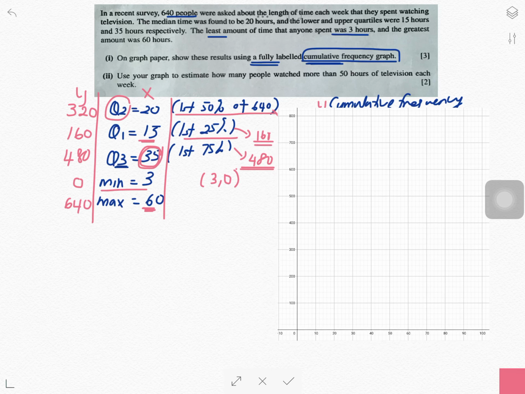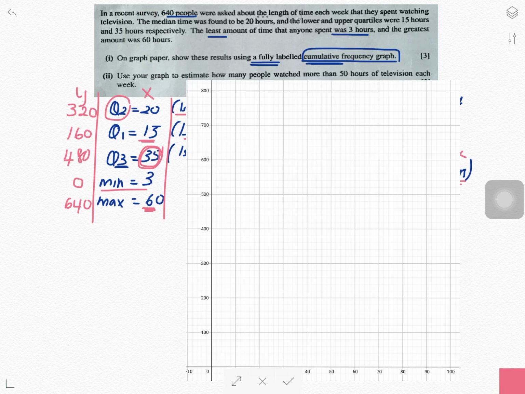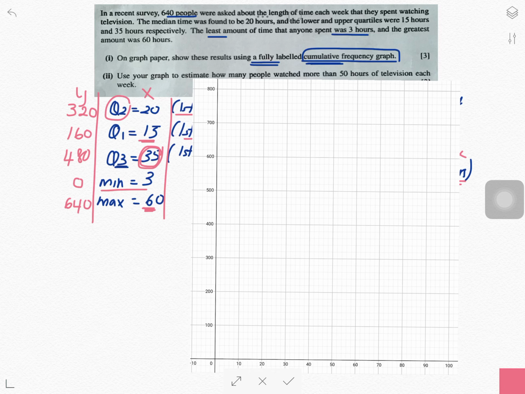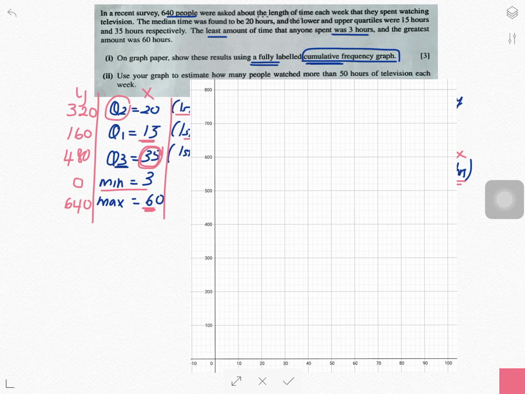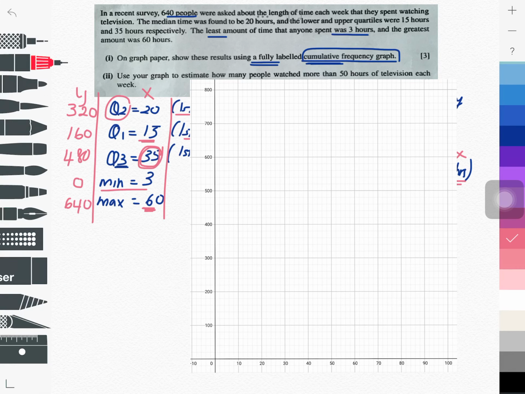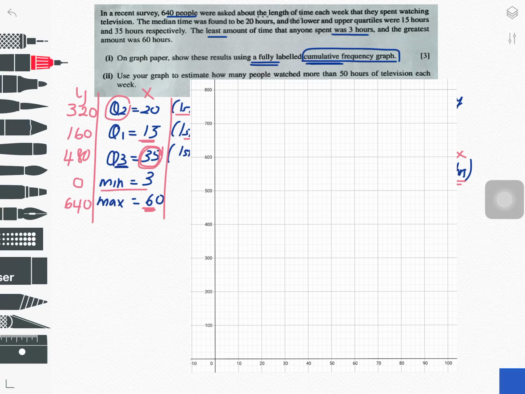Let's plot it here. So I go with the lowest value first, 3 and 0. 3 and 0 is somewhere here. And then 640, 60. 60 and 640.